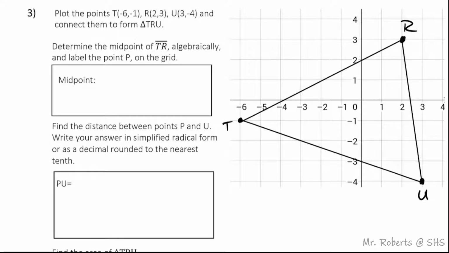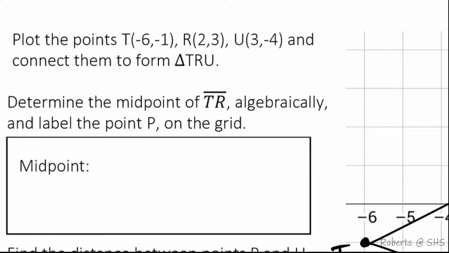Next it says determine the midpoint of TR algebraically and label the point P on the grid. So, okay, by algebraically, I guess I'm not exactly sure, but I think this is what I meant. If I look at these, those are my x values, and these are my y values for these points. And I know that the location of the midpoint is the average of the x's and the average of the y's.